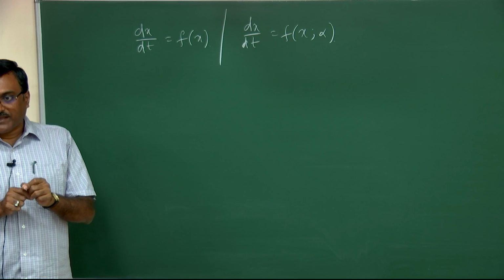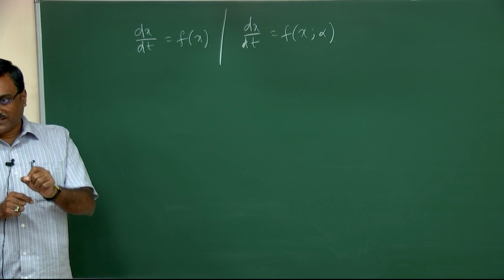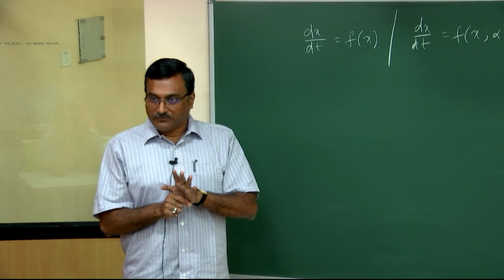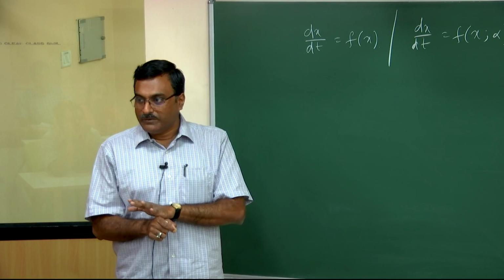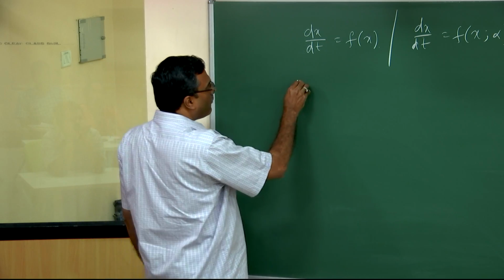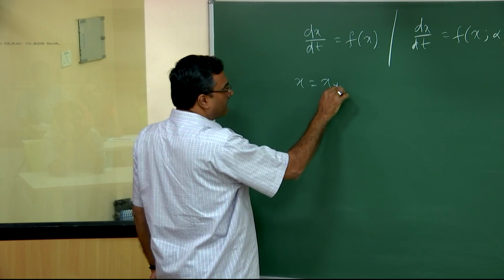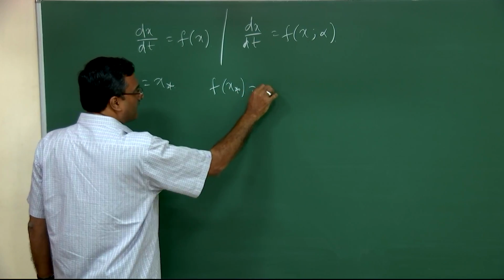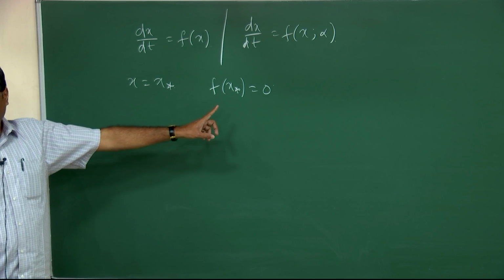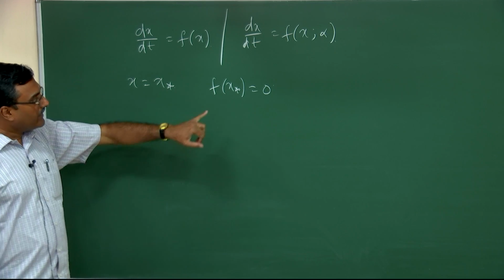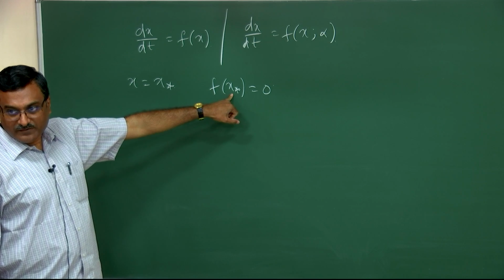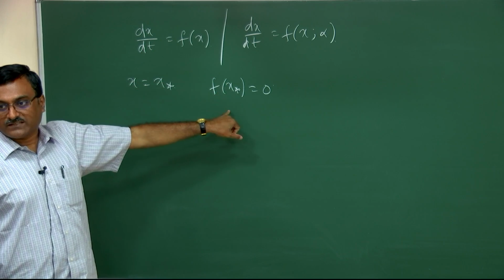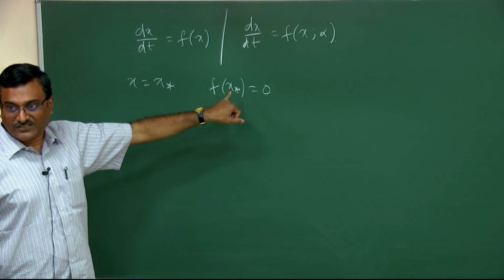That means the velocity of x is 0 when x takes that particular value labeled as the equilibrium. Then we call x equal to x star an equilibrium if and only if f(x star) is equal to 0. This means once x equals x star, then dx/dt equals 0. Therefore x star is an equilibrium point or rest point.